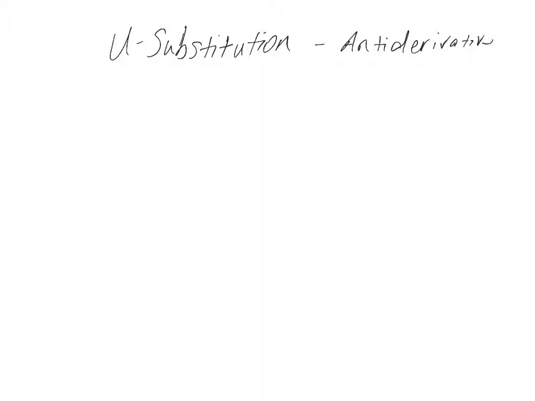Today we're going to be talking briefly about U-substitution for our anti-differentiation process. U-substitution is mainly used when you have a chain rule that you need to undo.